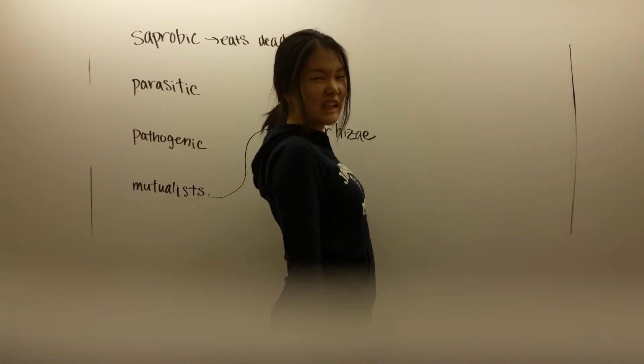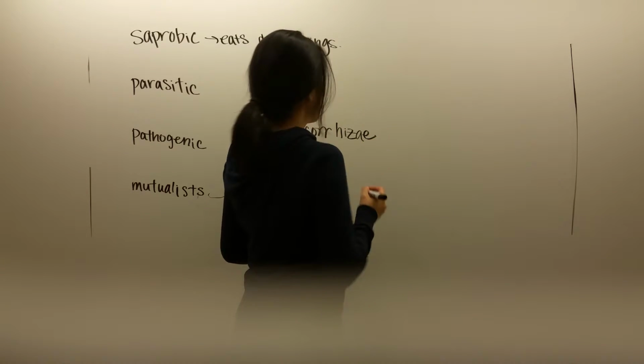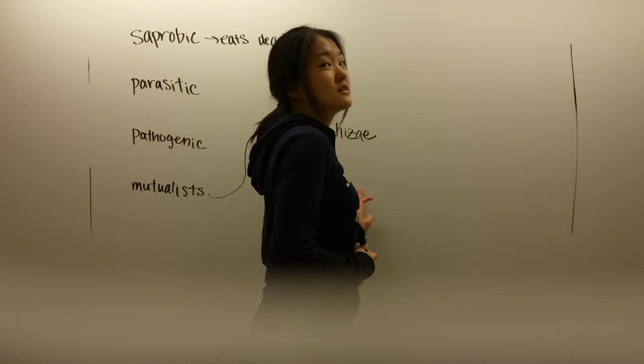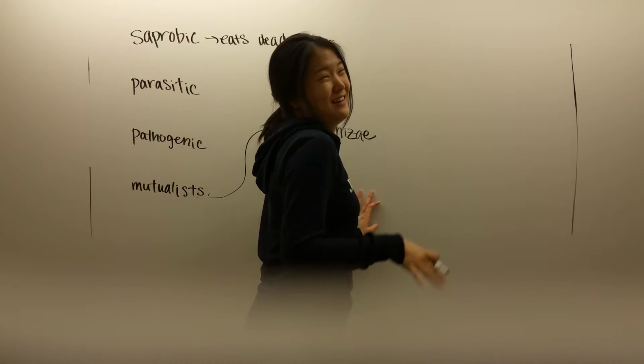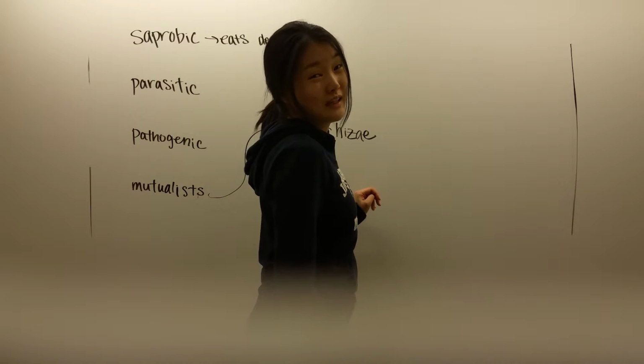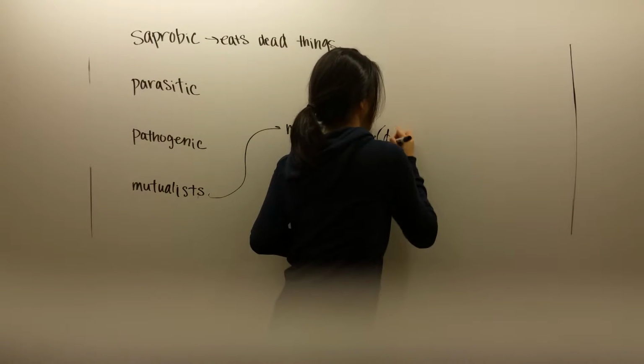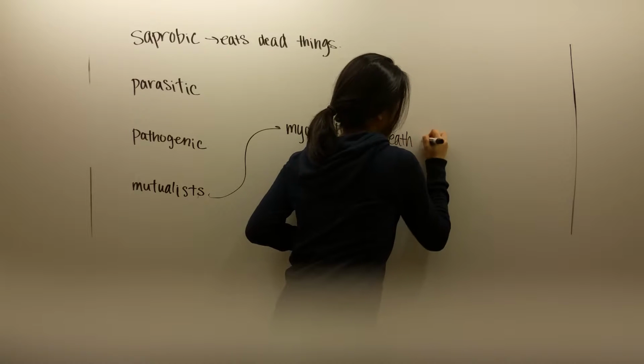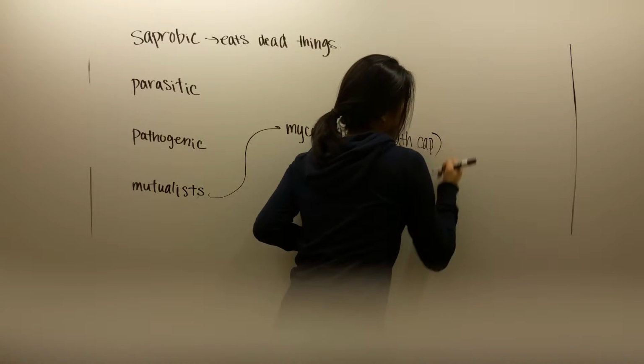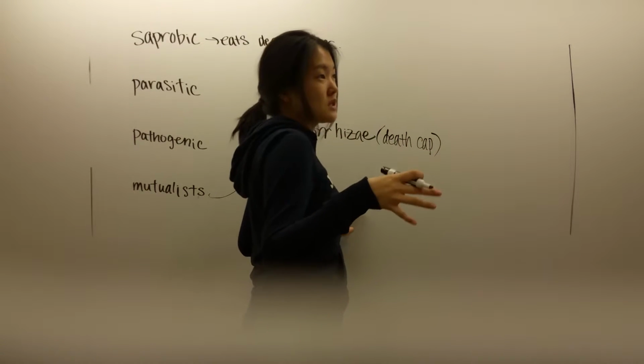So this is like the death cap mushroom, right? If you eat a death cap mushroom, that's definitely gonna be true. Basically what they do is they latch onto the roots.